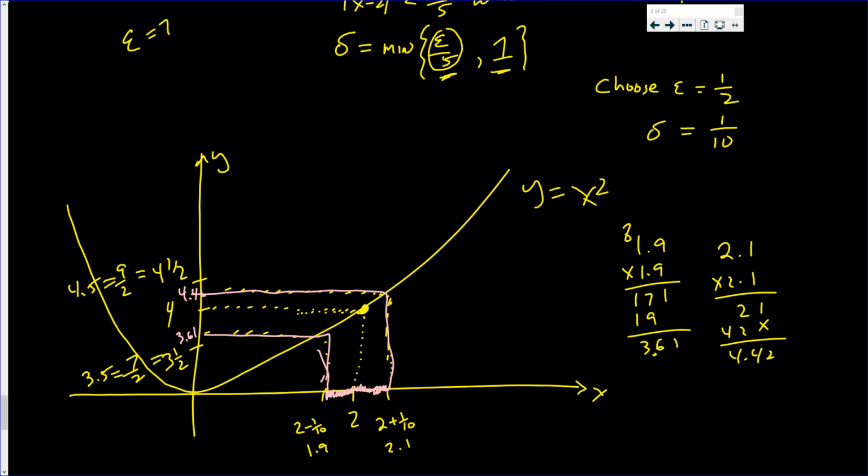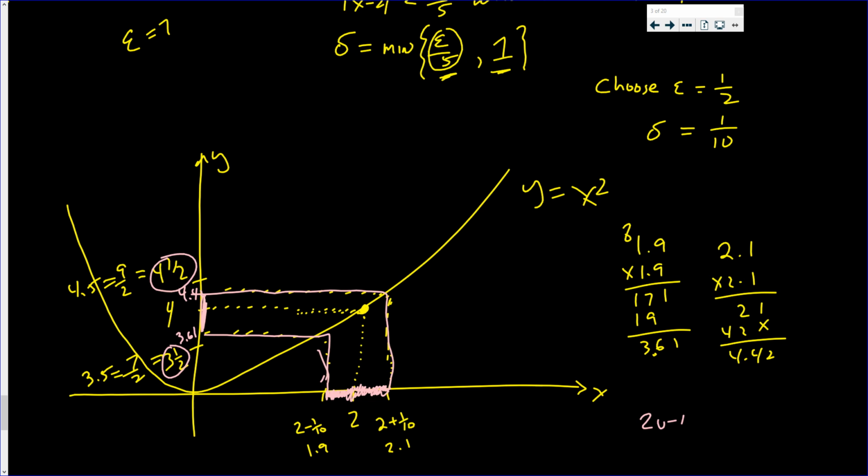Surprised though that one of the endpoints wasn't exactly right. Okay, so I found the delta such that f of the stuff in here didn't take up the whole range of 3.5 to 4.5, but nonetheless it ended up in there.